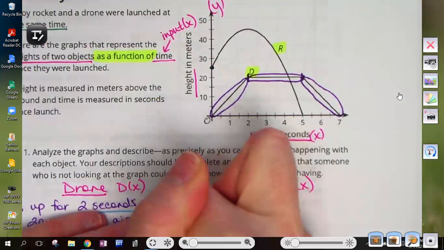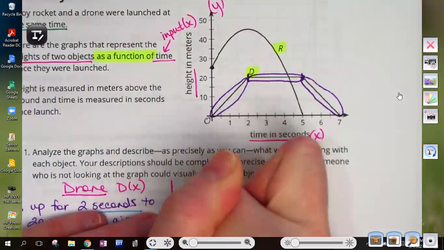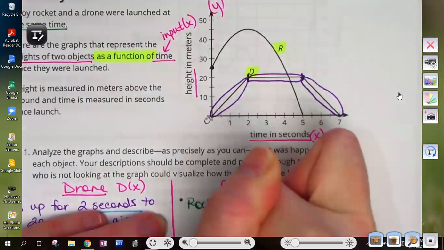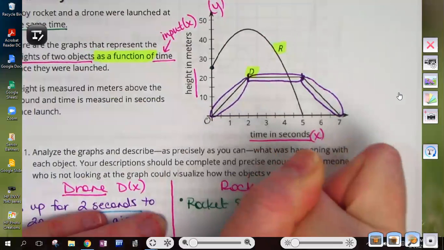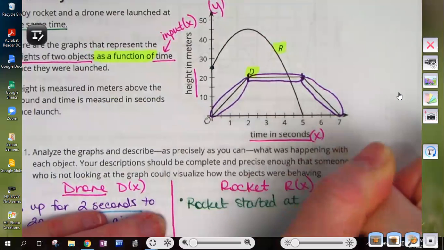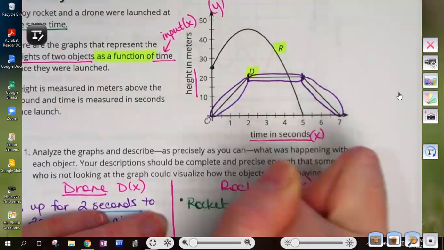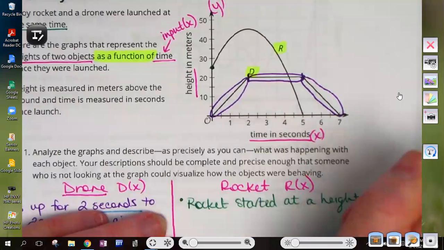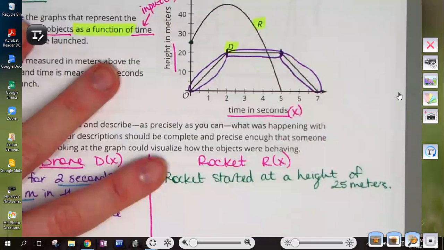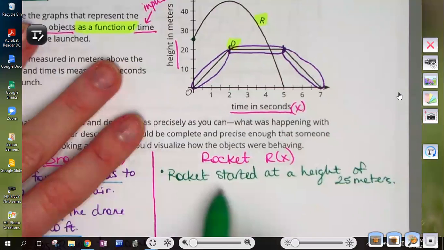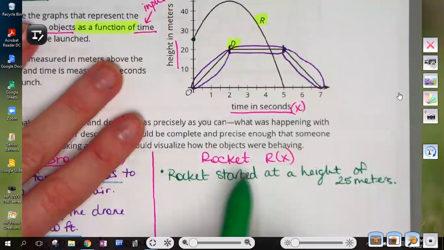Rocket started at a height of 25 meters. Okay, so that word right there, started, tells us that's the 0.